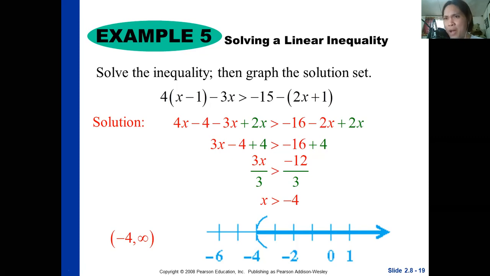So do not forget that. I hope everybody got it, that in solving linear inequality, you are not only applying the properties of inequality, but you also really have to know how to write your solution set in interval notation and even to graph the linear inequality.